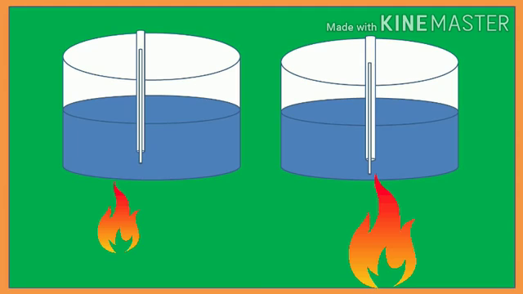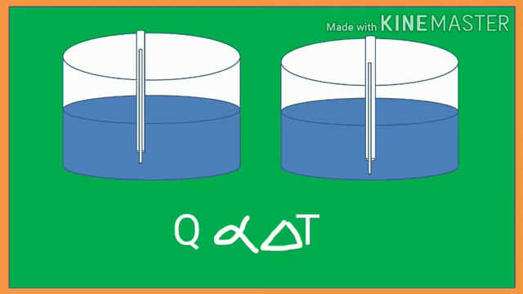Let the low flame beaker rise up to 50 degrees centigrade and the high flame beaker rise up to 80 degrees centigrade. From this, we conclude that the change in temperature rises with time at a constant rate. That means, for the same mass of water, the change in temperature is directly proportional to the amount of heat absorbed by it. That means Q is proportional to delta T.